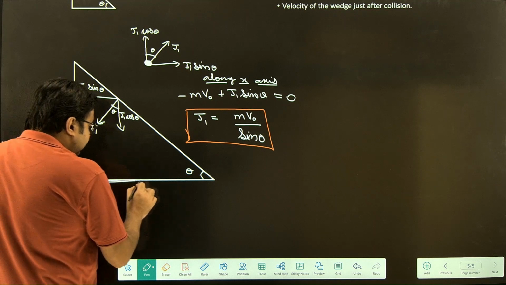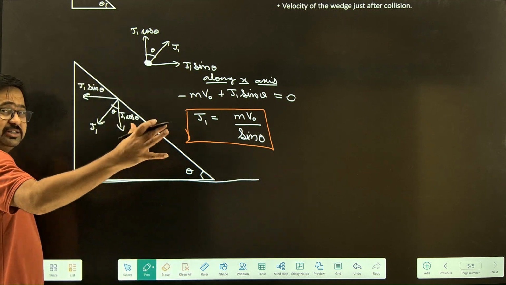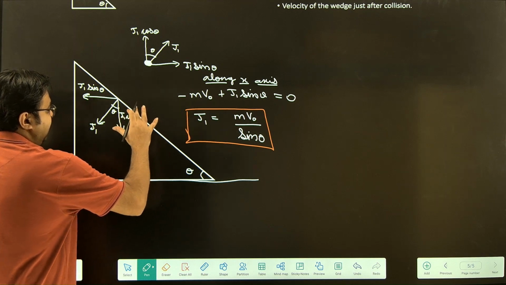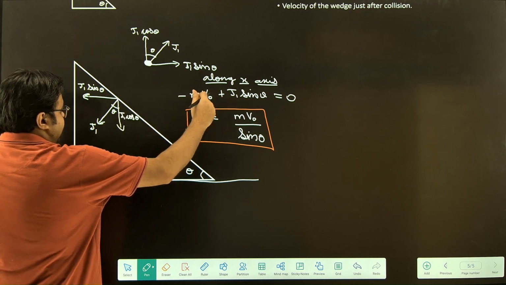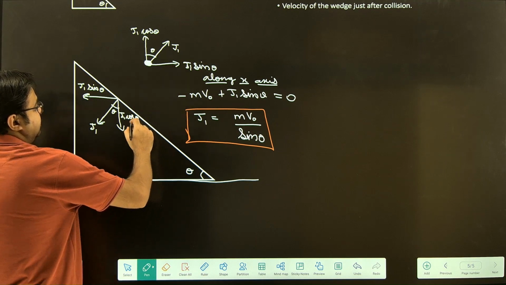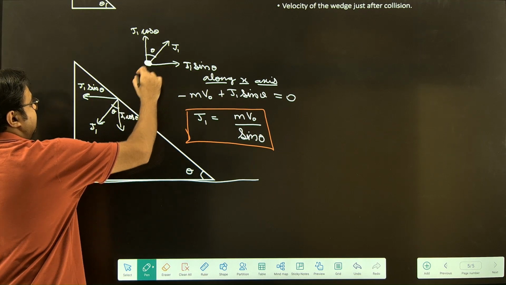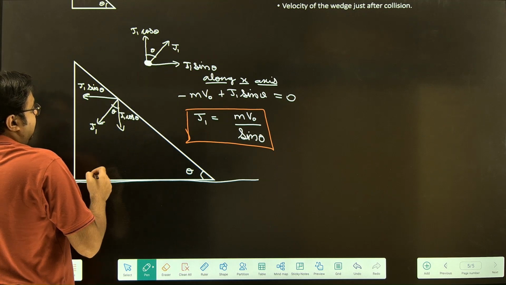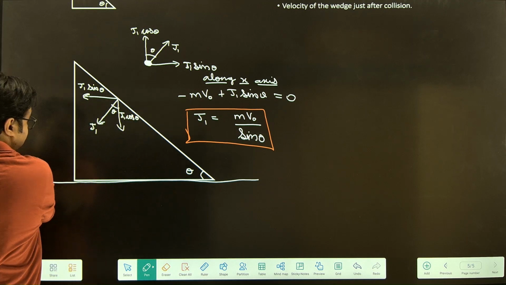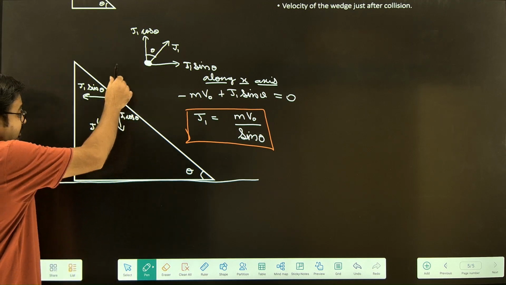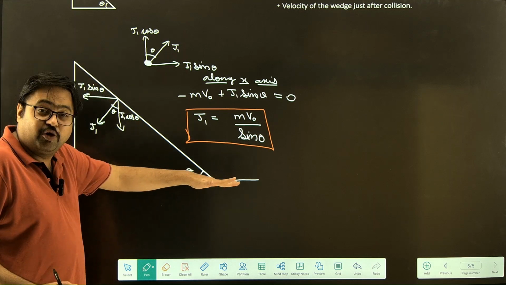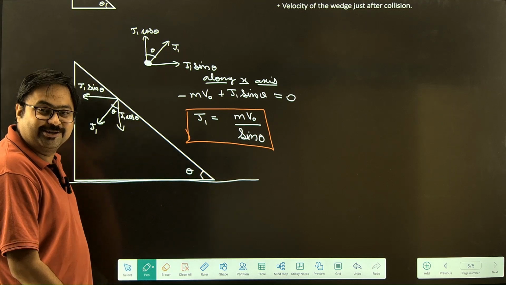The wedge is sitting on the ground. The ground is quite tough, so the wedge receives an impulse in this direction. The normal reaction is in that direction. J1 sine theta is the impulse that the wedge receives towards the negative x-axis, but there is a J1 cos theta that's trying to push it down, but then the floor is really hard to let it go into the floor.